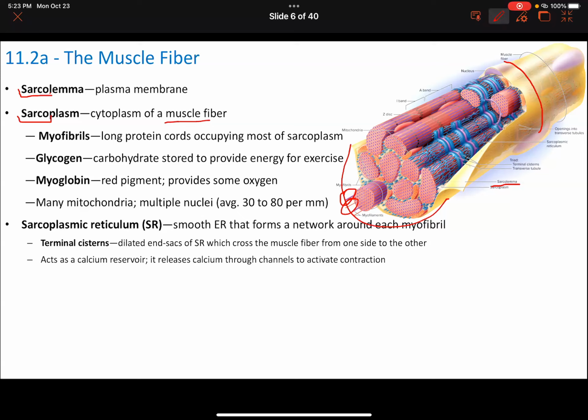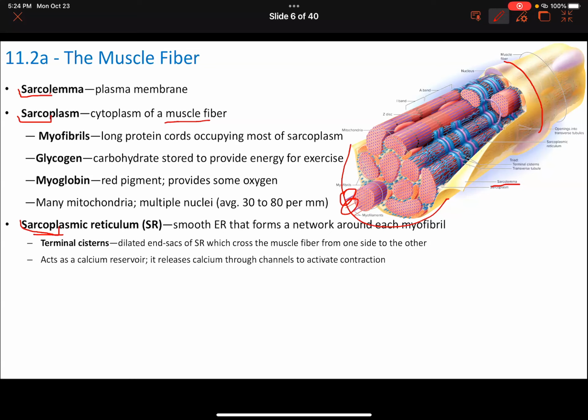Again, we have something else, sarco. We have endoplasmic reticulum in regular cells that we've talked about before, but here we refer to the endoplasmic reticulum as a sarcoplasmic reticulum. This is a smooth ER that's around each of those myofibril components.